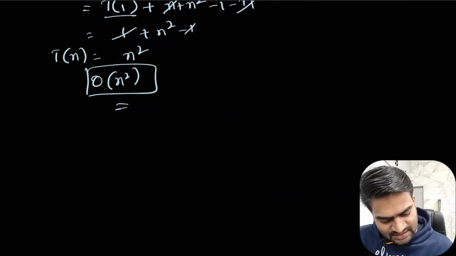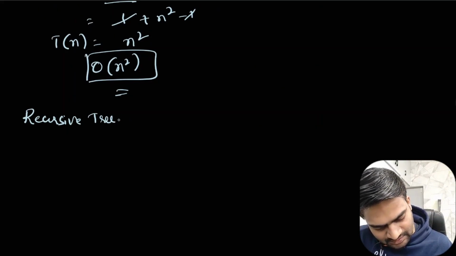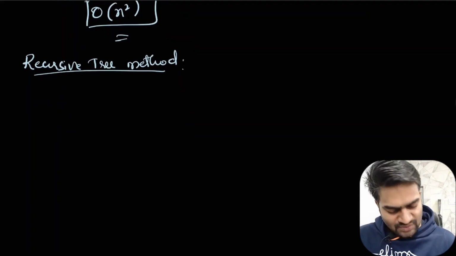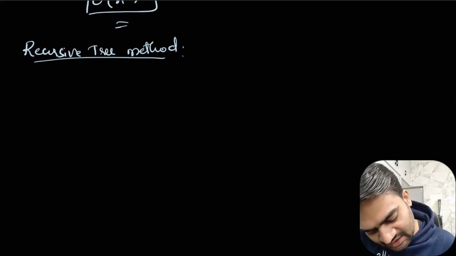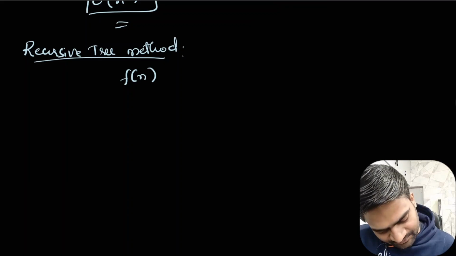Now let us see the recursive tree method. In the recursive tree method, let's try to understand what is happening. Initially we have f(n), correct?